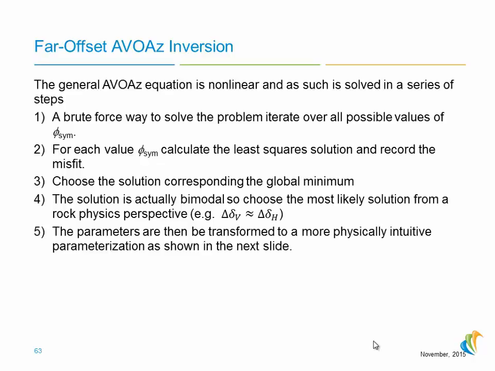But what actually happens is that instead of getting a global solution, there are again 2 solutions, and so we have to put in a rock physics constraint. And the basic idea is we're going to do something very similar to what Benjamin and I did a number of years ago, and we'll say that we're going to choose the solution in which the vertical fracture weakness is close to the horizontal fracture weakness, and that's going to be the more physical of the 2 solutions.